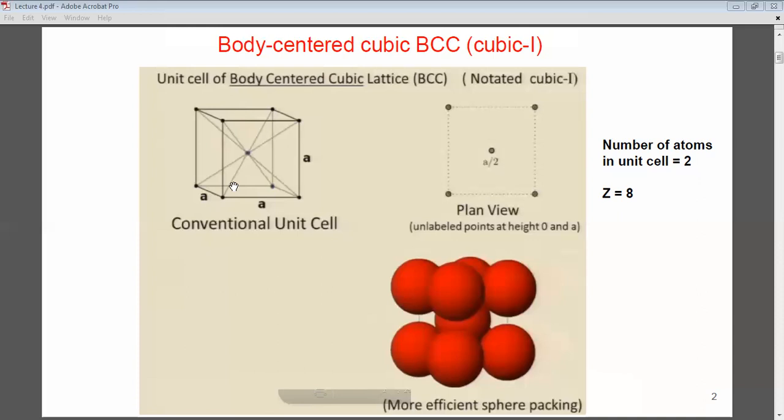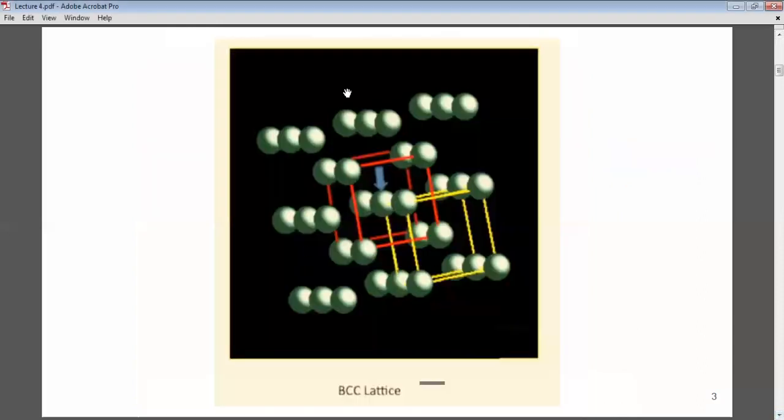It may not be very obvious that all points in this 3D lattice are equivalent to each other. But if we look at the yellow outlined cube, we see that the atom in the center has such an environment.